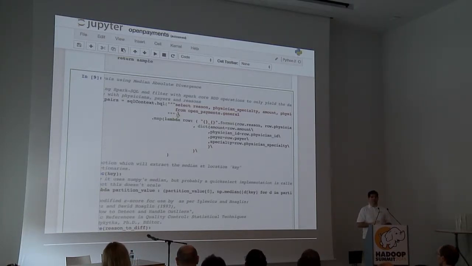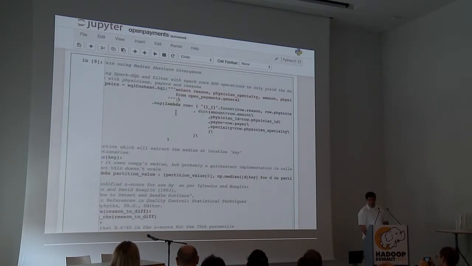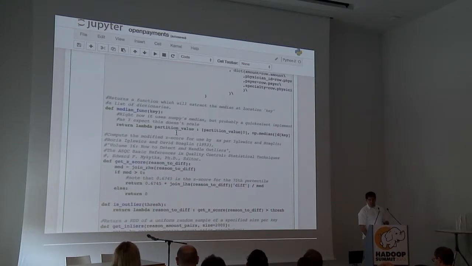So when I talk about mixed mode computing, that's what I mean. You're mixing Spark with SQL, but, as you'll see later, you're also mixing actual Python functions. You define the Python function up here, and you can pass it in.